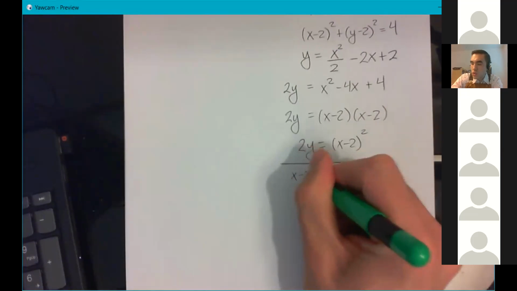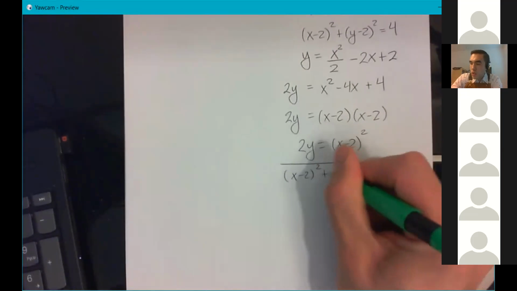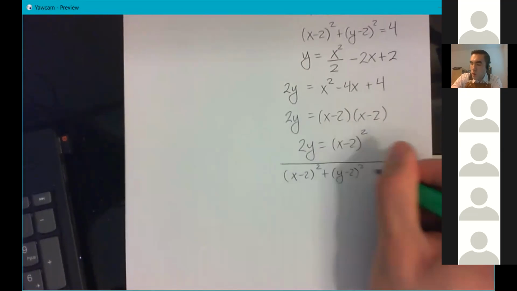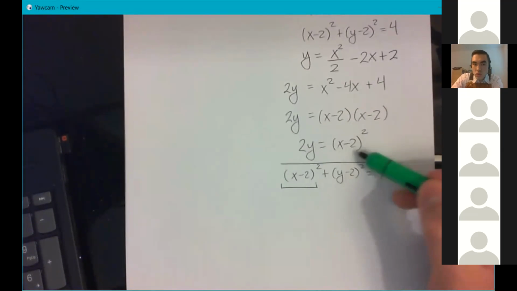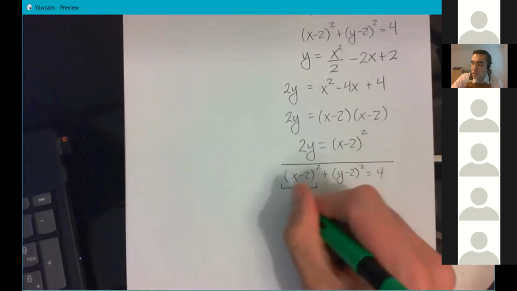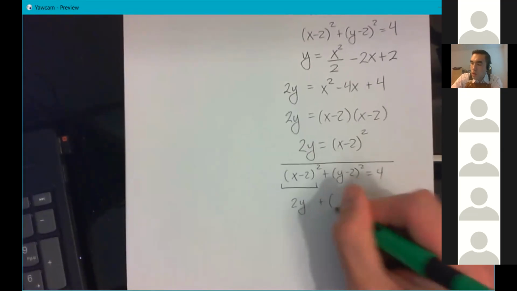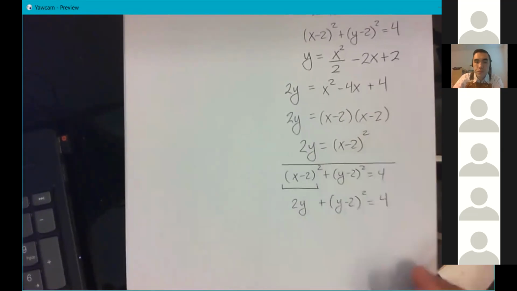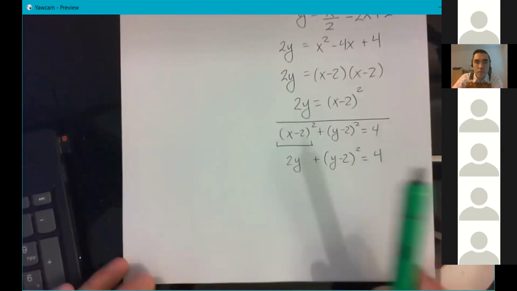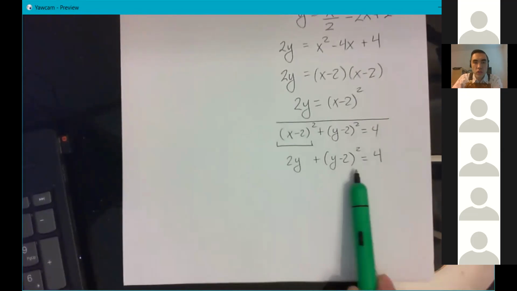So it's x minus 2 quantity squared plus y minus 2 quantity squared is equal to 4. But since I have a redefinition of x minus 2 squared, now I can say that this is 2y plus y minus 2 quantity squared is equal to 4. So now what must my approach be for solving this equation? What kind of equation is this?